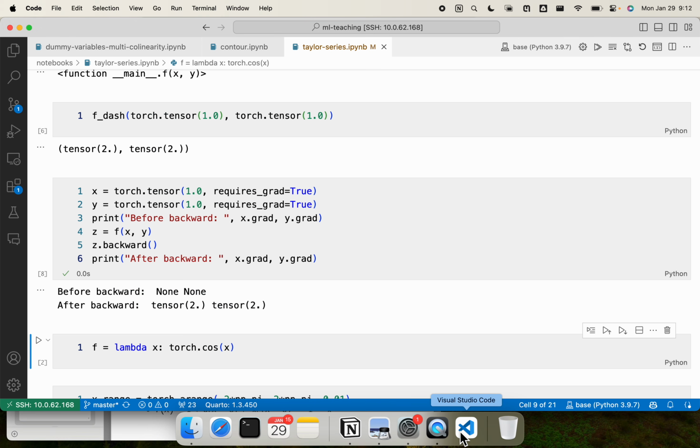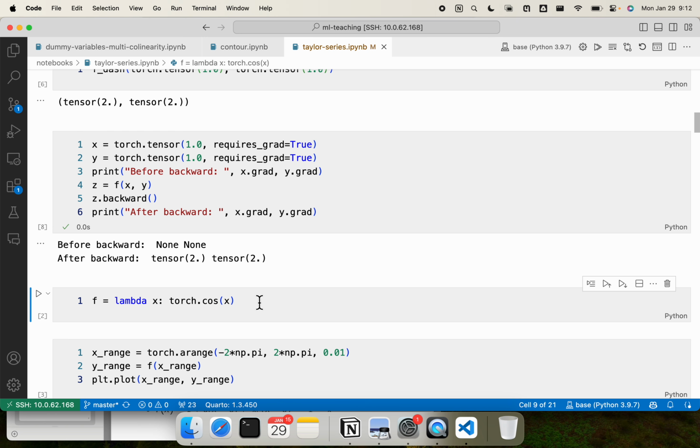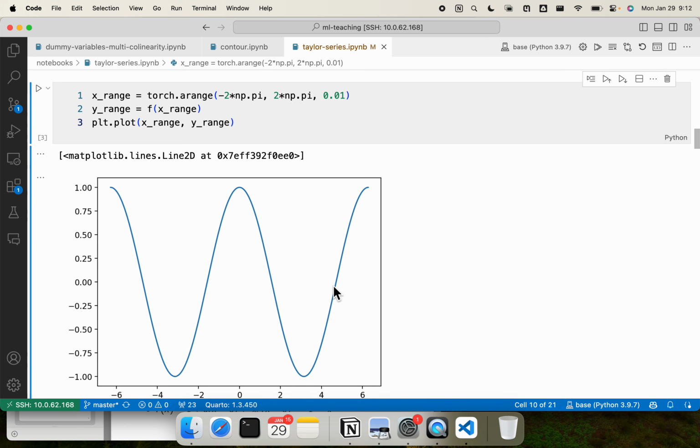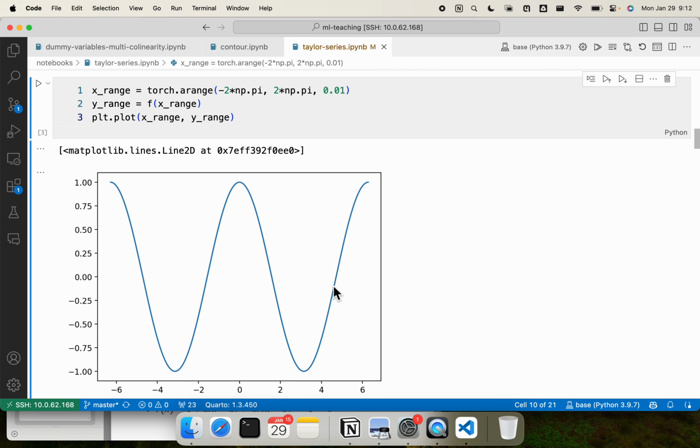Now, let us look at some code to generate this. So, I have a function, again using a lambda function, a cosine of x. I plot the function's value from minus 2 pi to 2 pi, and this is what you would expect.